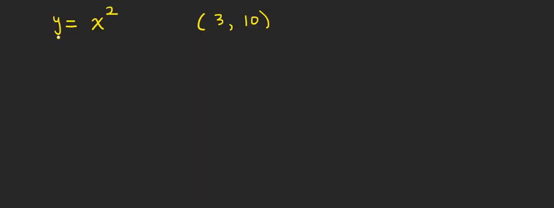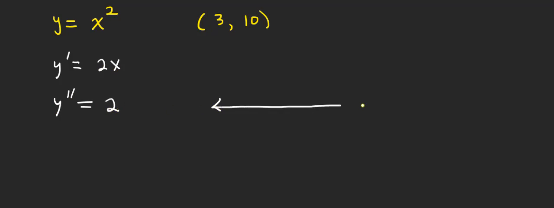So let's take a look at y equals x squared from interval 3 to 10. What can we say about the concavity? Well, in order to find out the concavity, we need to find the second derivative. So y prime will be 2x, and y double prime is 2.